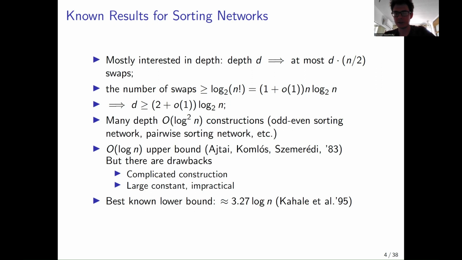We know, as I already said, that this is at least 2, but there are some improvements of this simple information-theoretic argument, with the current best known being 3.27 log n, and the upper bound of Ajtai, Komlós, and Szemerédi is far away from this 3.27.